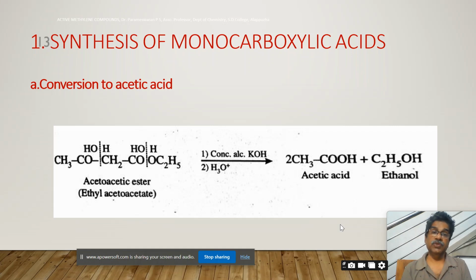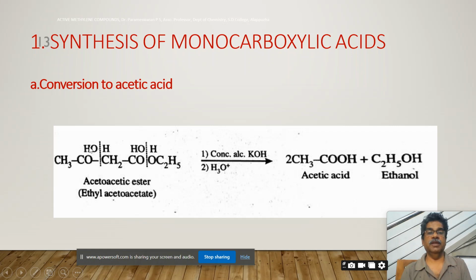hydrolyzing agent used. See, here this is acetoacetic ester. It is treated with concentrated alcoholic potassium hydroxide. Concentrated alcoholic potassium hydroxide is used for acid hydrolysis. The product is an acid. See here, CH3COCH2COOC2H5 plus HOH, that is water.